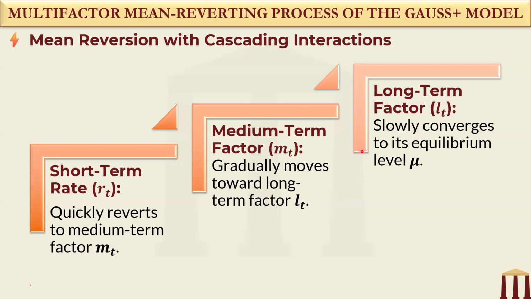The result is that you have a dynamic model that can simultaneously capture short term policy effects, medium term economic expectations, because we saw earlier that short term rates are very quickly influenced by central bank policy decisions. So this model can capture short term policy effects, medium term economic expectations, and long term macroeconomic trends as well, quite dynamically. So that is the benefit of the Gauss plus model.